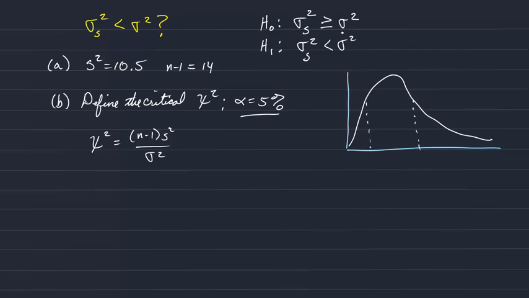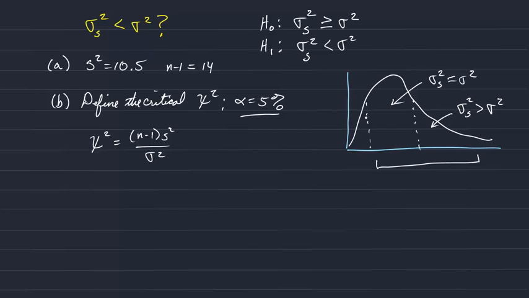So if the null hypothesis is true, then chi-squared will tend to be in this range, right? This will be the range where the variance of the sampled population is greater than that of the known population. And this region will be relevant for the possibility that the variance of the sampled population is equal to the known population.